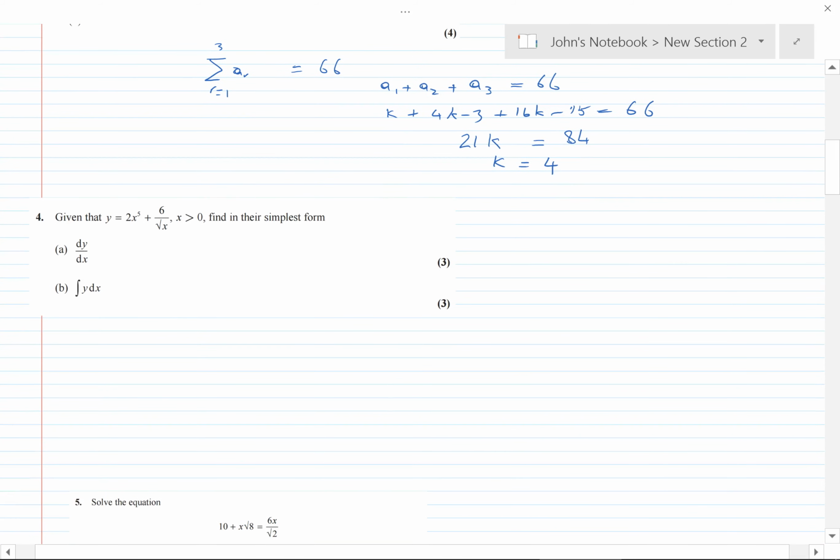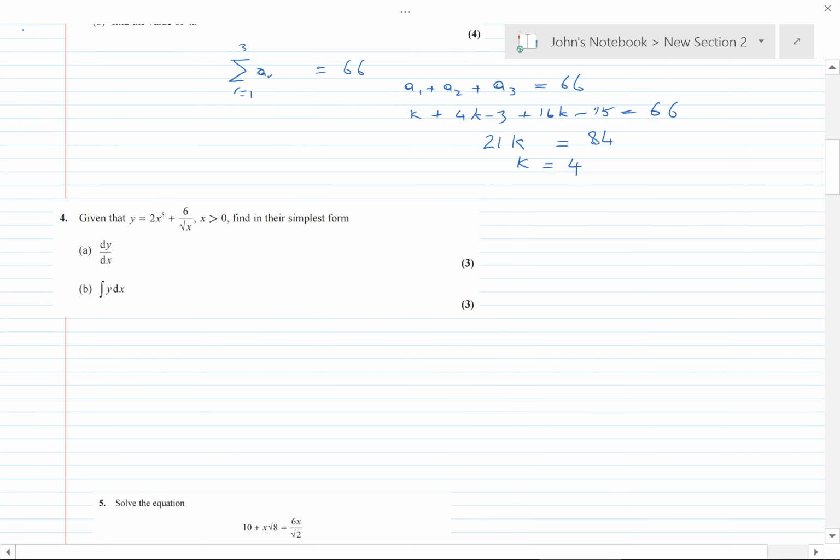Okay, on to the fourth question. Standard differentiation and integration thing. We need to get it into the form y equals ax to the p plus bx to the q. Otherwise we can't differentiate and integrate. So we're going to spend some time working with indices.